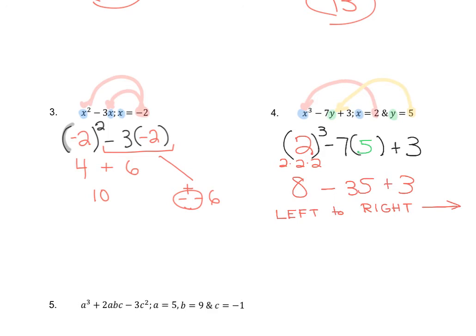So 8 minus 35 is -27 plus 3, and then -27 plus 3 is -24. If you plug it in your calculator all at once, just as you see it, it will do it correctly. Don't do any funny business with negatives, positives, the whole thing. 8 minus 35 plus 3 will give you -24.